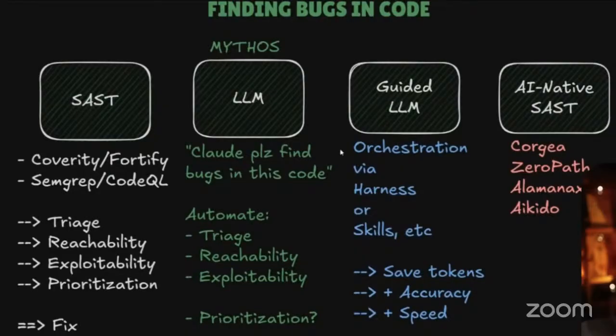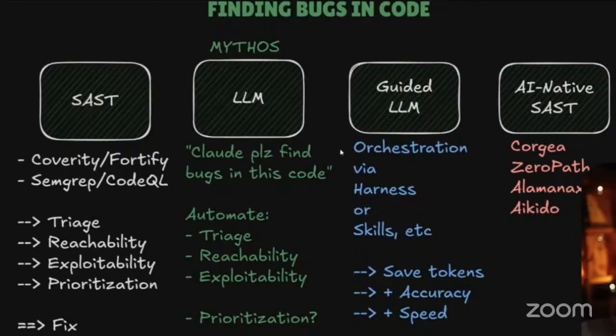But then what? You run the scan, and now you have a list of 1,000 vulnerability findings, right? Then what? One, you have to triage those findings to see if they are false positives or not. Then you have to do reachability analysis: it's flagging this part of the code as vulnerable, but is this part of the code actually in use in my app? Maybe it's just a piece of code that's not used.